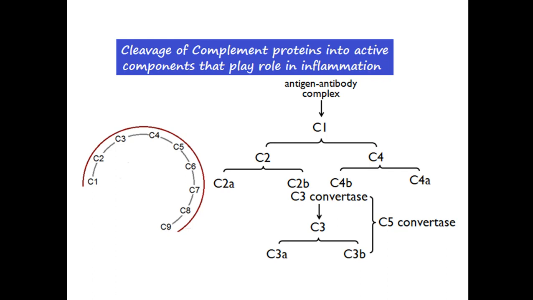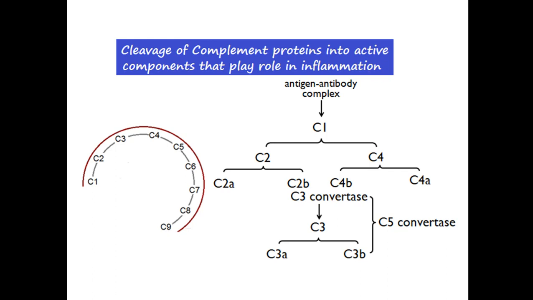For example, in the classical pathway, the antigen-antibody complex activates the complement 1 protein. Now, the complement 1 protein then cleaves the two proteins complement 2 and complement 4.